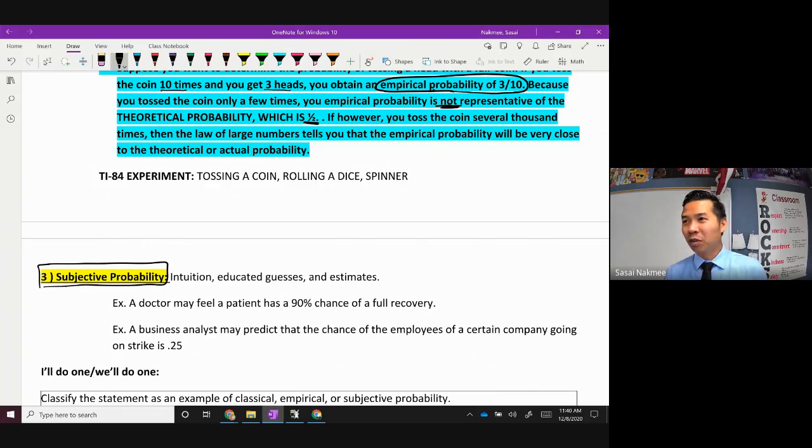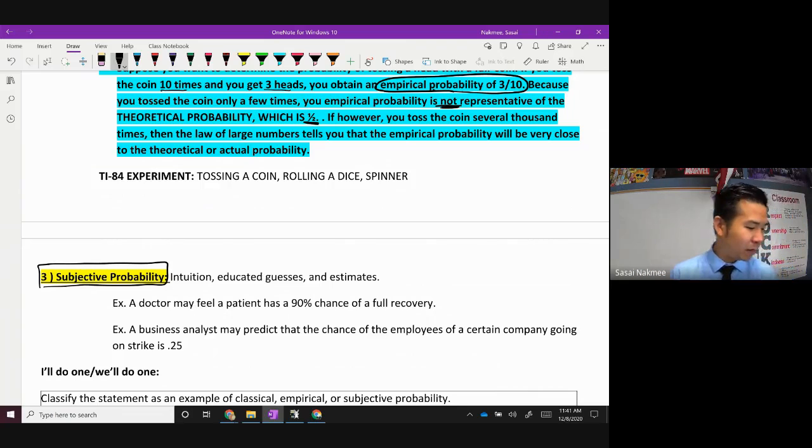I've had other Joes before, and on paper, they had a 90% chance of succeeding, so you are a Joe as well, and you're going to have a 90%. You see how ridiculous that sounds? So they don't have a way of measuring that, at least for a doctor. So they'll make an educated guess to see how well they will succeed with recovery. And when they make that guess with that probability, that's called subjective probability. It's not the best way, but sometimes you don't have a choice. You have to go with their educated guess or their estimate.